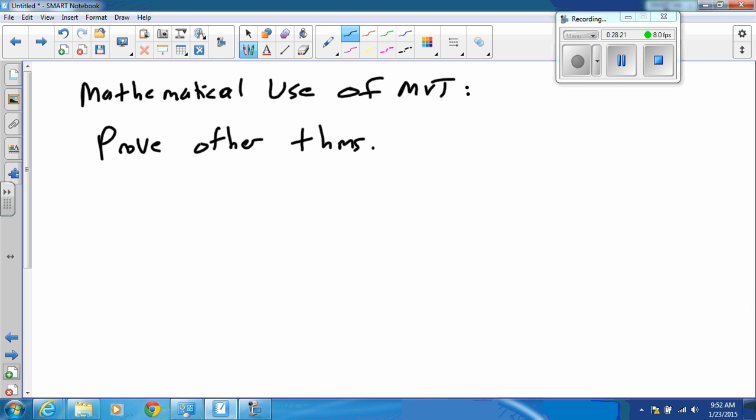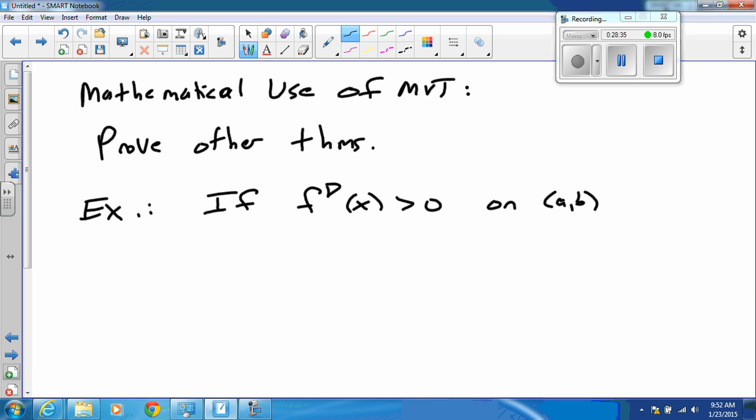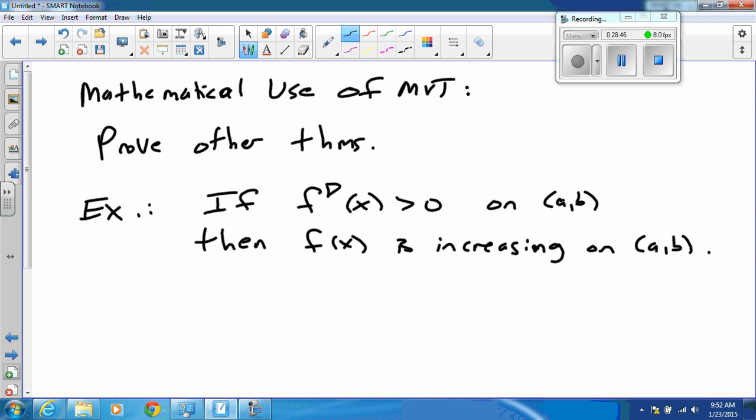And in particular, one theorem that we have is this. We have said that if f prime is positive on an open interval a to b, then f of x is increasing on the interval a to b.